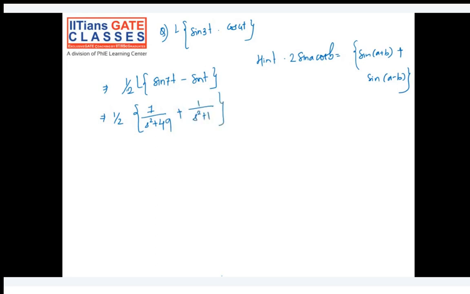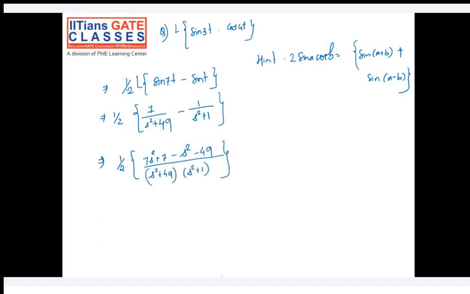And then you can simplify it. Half of 7 times (s square plus 1) minus (s square plus 49), divided by (s square plus 49)(s square plus 1).